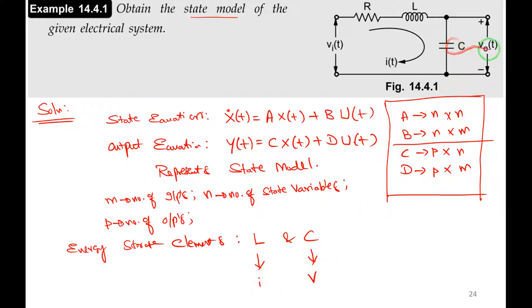What is the voltage across this? V naught of t, right? The voltage across this capacitor is V naught of t. So V naught of t is the variable, and I of t, I'll write it because it is a function of time. So these are the state variables.